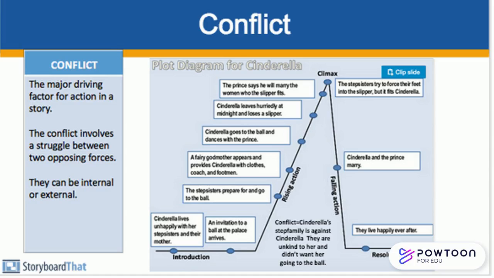Conflicts can be external, meaning person versus person, when a person has a problem with another person and they must work to solve it. Another conflict is person versus nature, meaning a person is going up against something happening within nature, such as an animal, a weather event, or anything else that would happen outside.